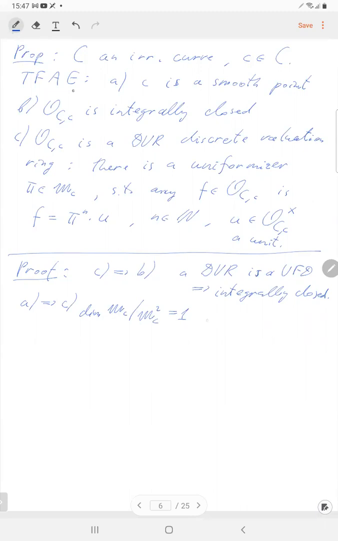Okay, and we just take any element pi in the maximal ideal, but not in its square, and then the maximal ideal is generated by this uniformizer, say by Nakayama lemma, if you wish, and now let's take any element in the local ring, and we want to prove that it satisfies this DVR condition, that is, it's proportional to some power of the uniformizer.